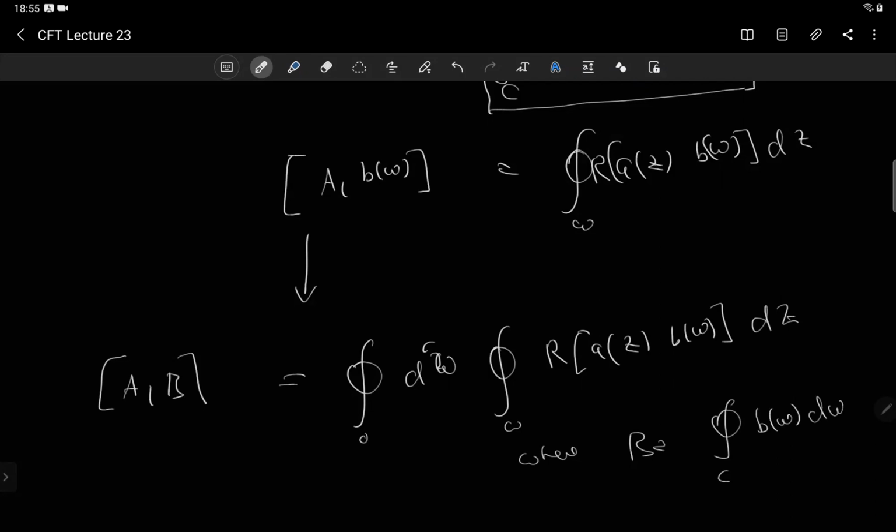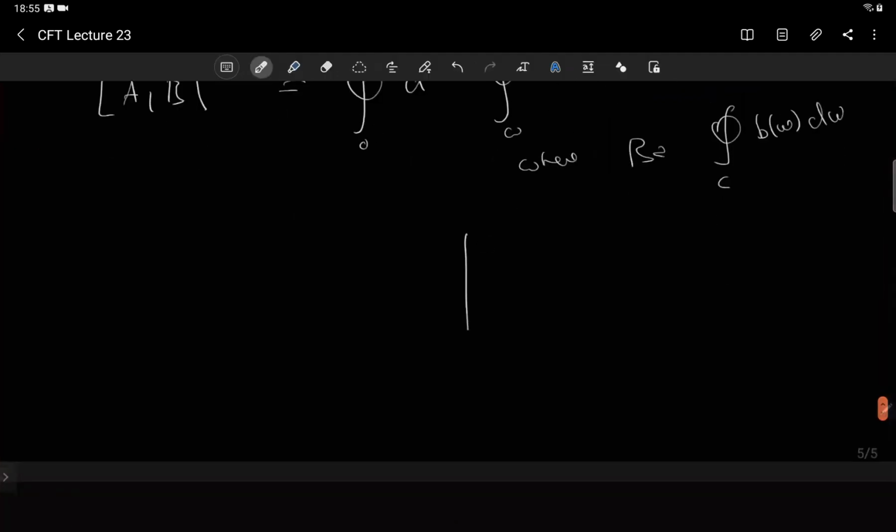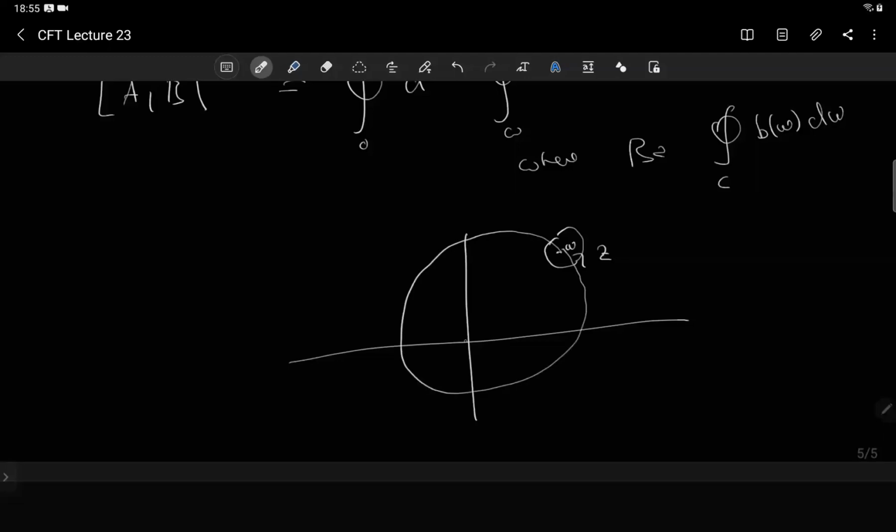Okay, so what this double contour integral means is that I have this point omega, and along omega I'm doing the z contour, and then I'm doing a bigger contour of the omega point around the point 0. That is why I've written 0 here. So this first contour has a center at omega, and this second contour has a center at the origin.